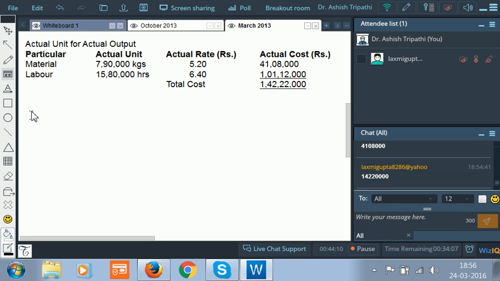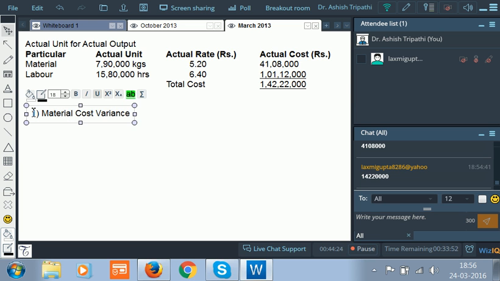So now let us start the first part which we have to solve. The first thing that we will have to solve is material cost variance.